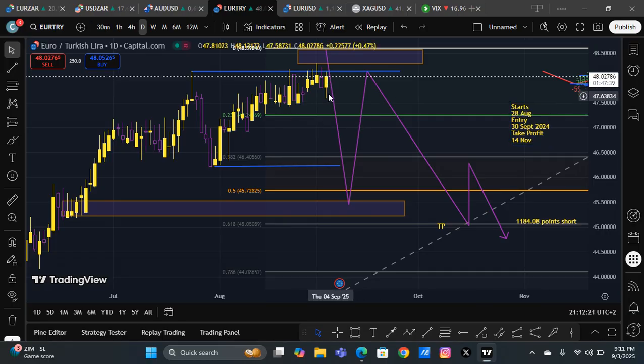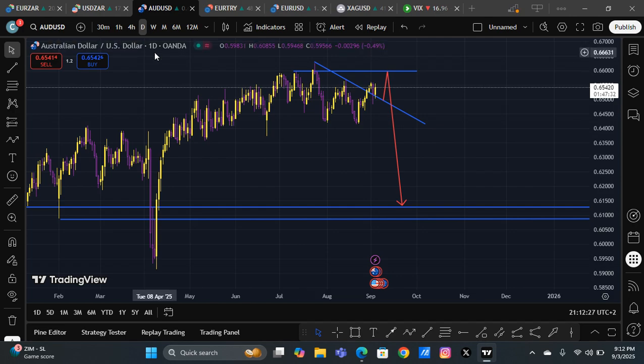And we were just disturbed when the U.S. president was away. So here we'll have AUD/USD, and we did get a first touch, second touch, and a manipulation.